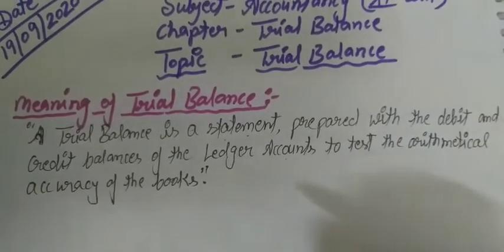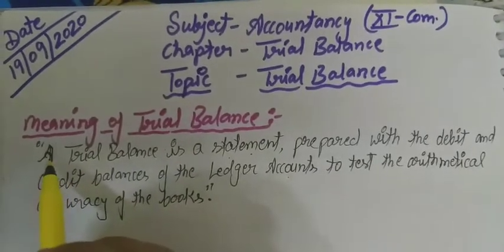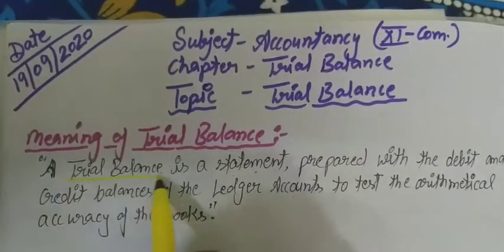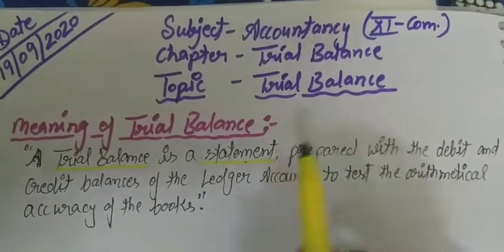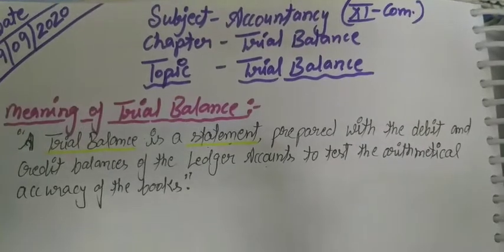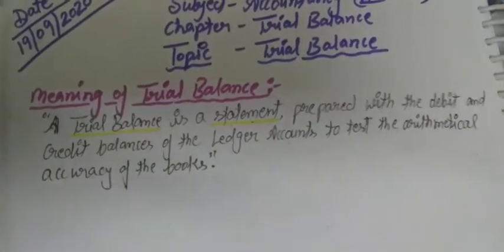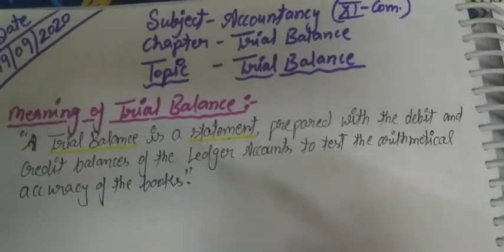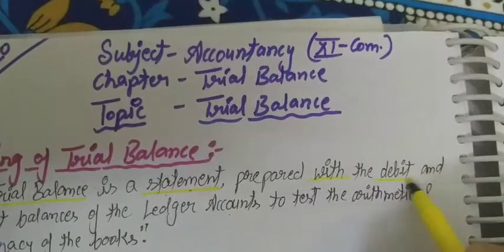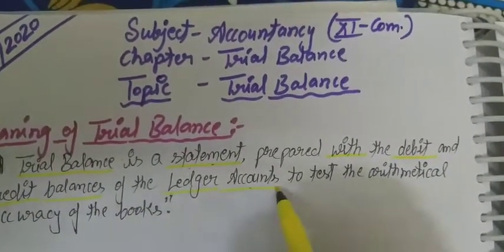Students, we already learned the meaning of trial balance. A trial balance is a statement. We only have to remember a few words. First, it is a statement prepared with the debit and credit balances of ledger accounts.